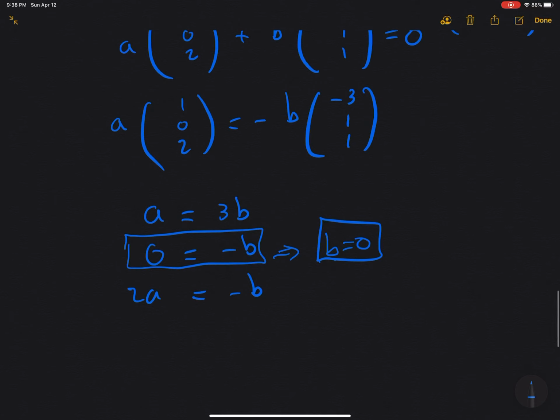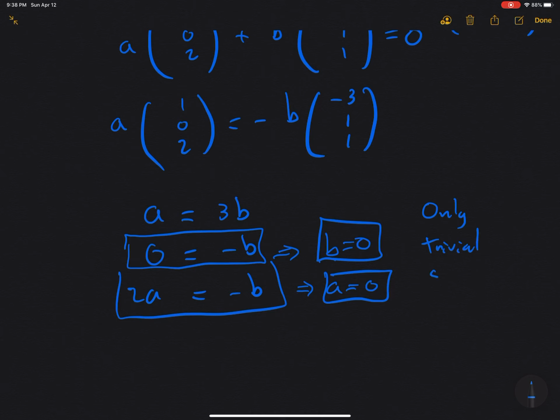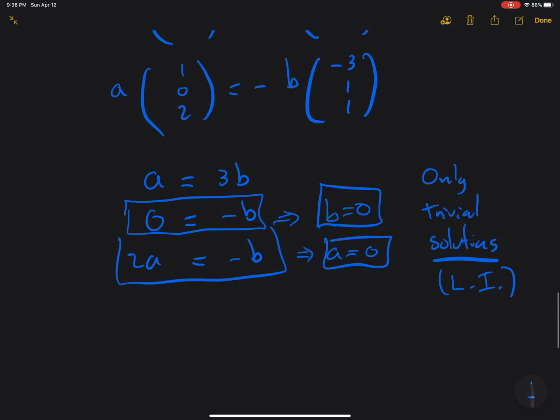And if I substitute that into the third equation, that also tells me that a has to be equal to 0. In other words, I only have trivial solutions. And this means that the set of vectors is linearly independent. If I only have trivial solutions, this is linearly independent.